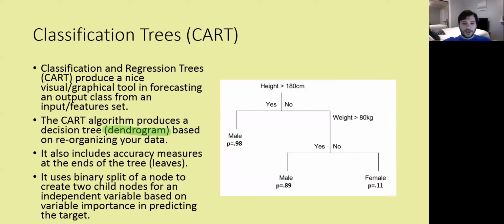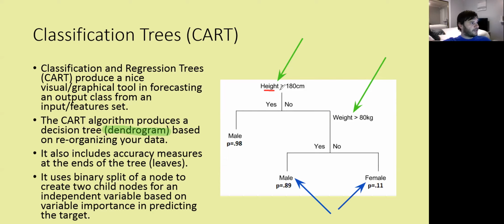So here is an example where we have two pieces of input data. We have the height of an individual and we have their weight. And the output that is trying to be forecasted here is whether or not the individual is male or female. You'll notice in this dendrogram we have these two variables, and in each variable we have a split given a particular condition on that variable.